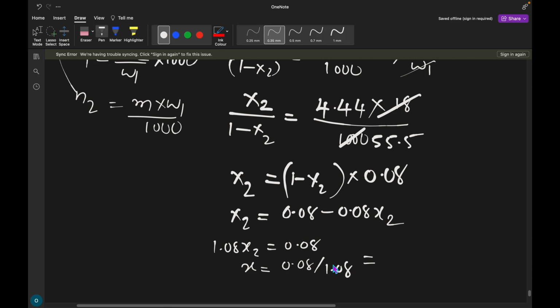Understood? Yes, sir. Right. So if you divide this, the answer comes. This is, I can write it like 4/54, or you can also write like 2/27. How much does 2/27 come to? So 0, you can't go into it, you have to take one more 0.